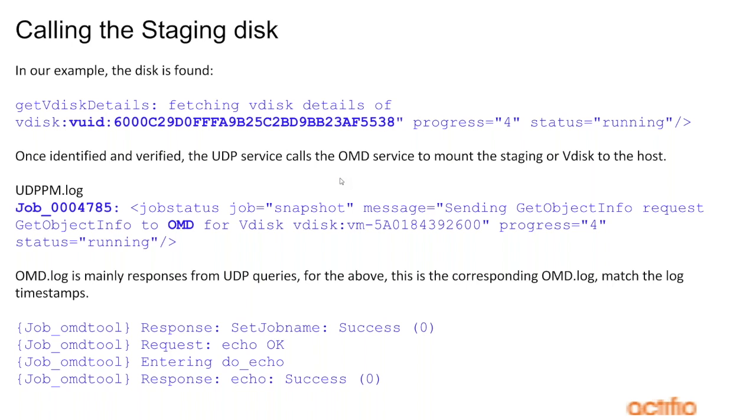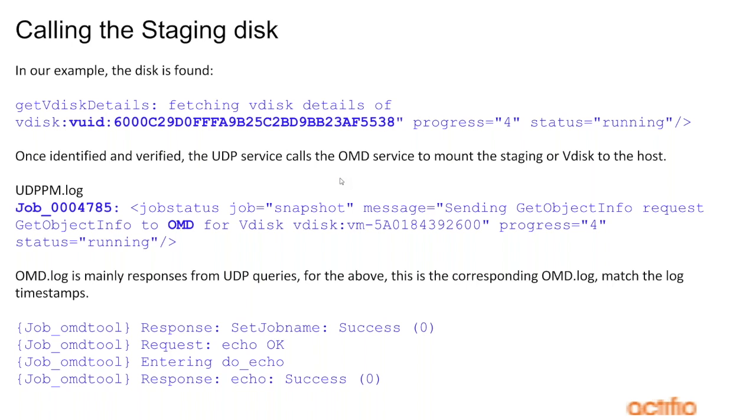Generally at this portion of the job, which is going to be around 6 to 12%, if there is a failure, it's because we've either failed to connect to the host or OMD cannot get to the staging disk. So if you're having a job that's failing right in that certain percentage range, again, about 8 to 12, do some searches for OMD in these logs once you've got them on your desktop. And if it is an issue with OMD finding that old staging disk, it'll pop right up for you.